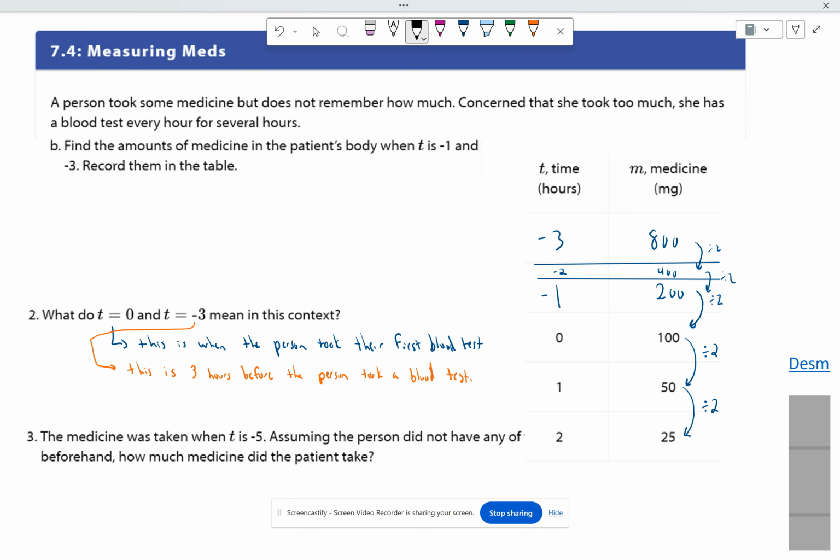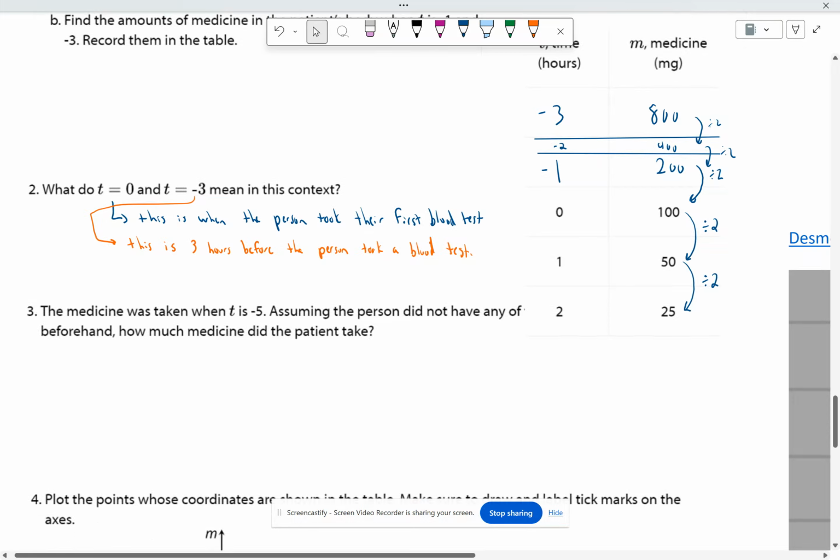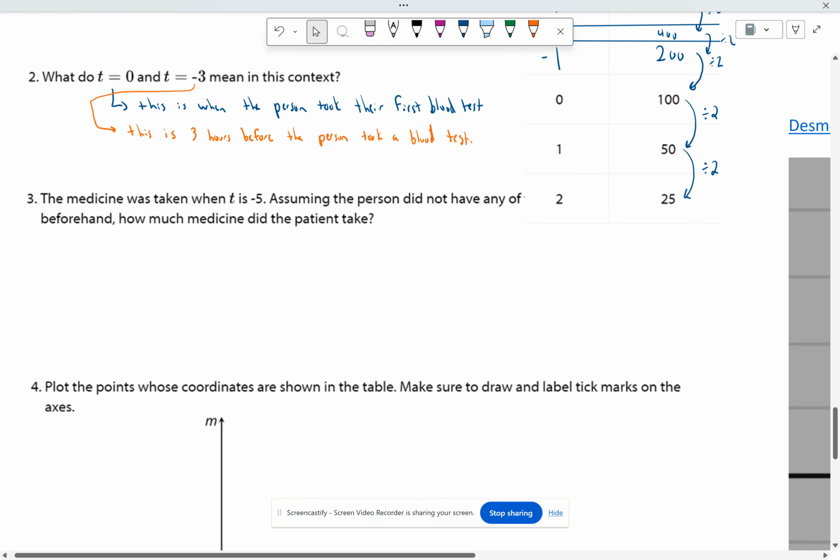Okay. So the medicine was taken when t is -5. So that means the person took the medicine 5 hours earlier than they actually had this blood test.